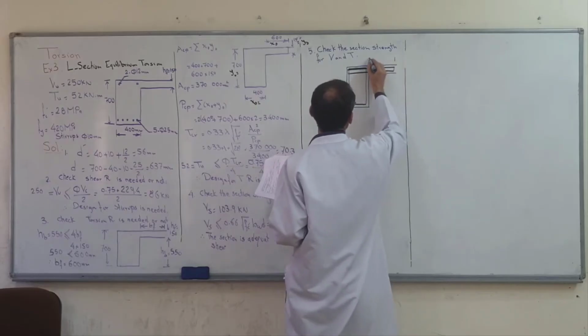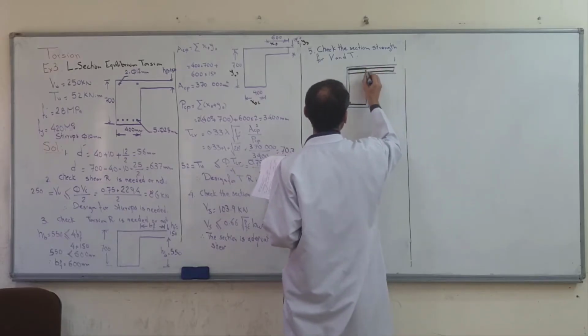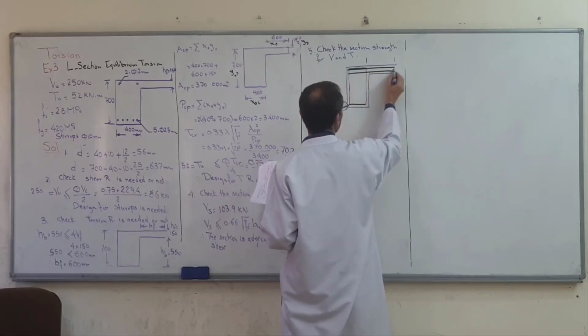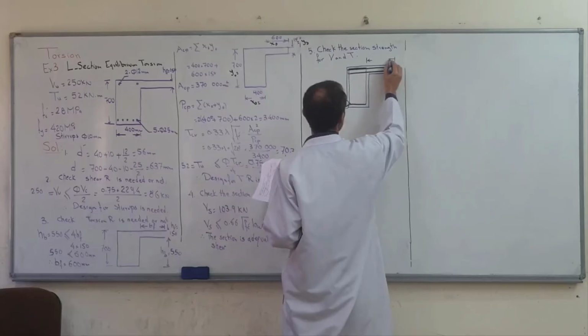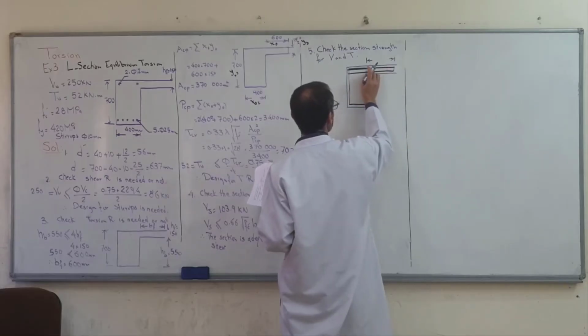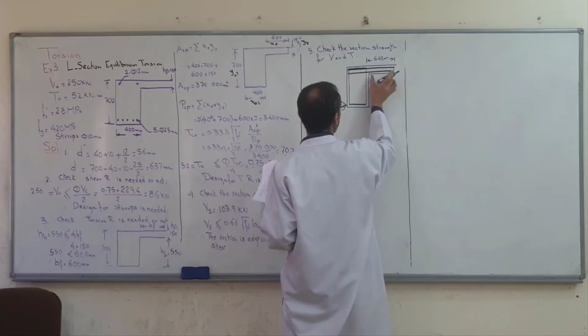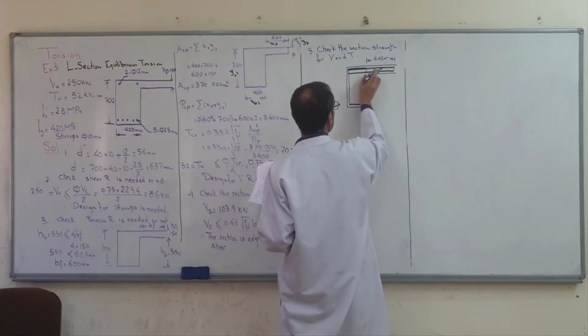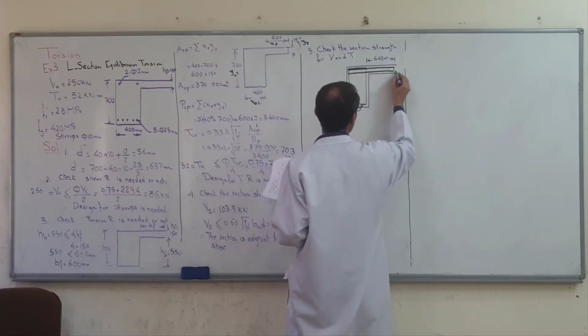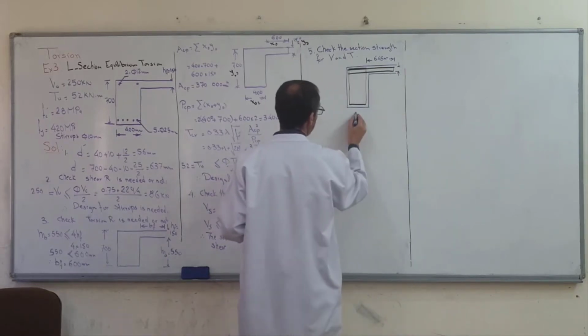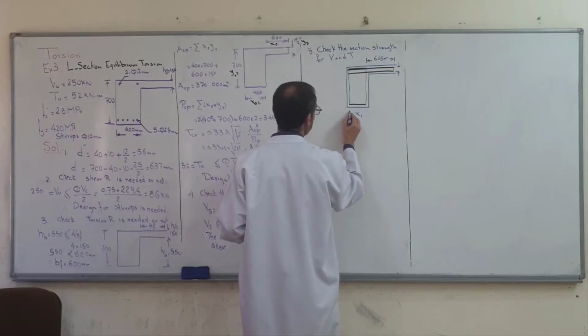The distance from here we take until the center of the stirrups, 15 millimeter. As we know, this distance is 45 millimeter. As we said previously, it is equal to 645 millimeters. Previously, this is 600 plus 45. Here is the slab. X1, this distance.